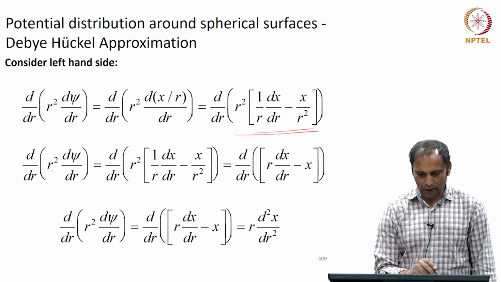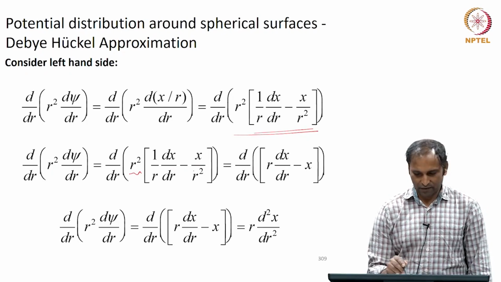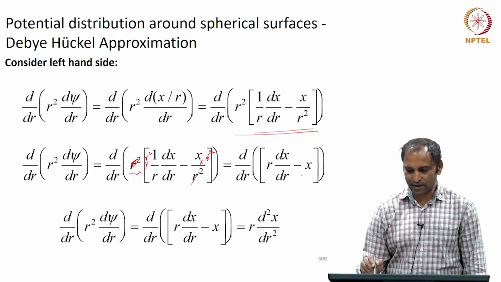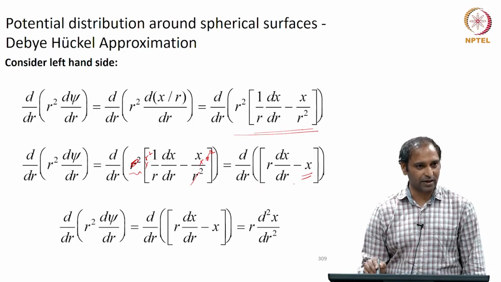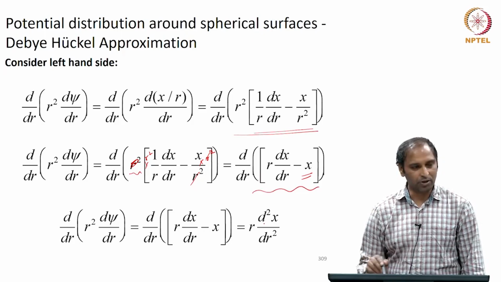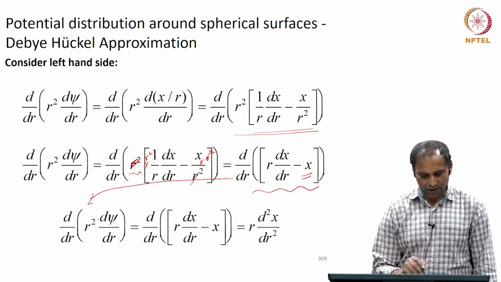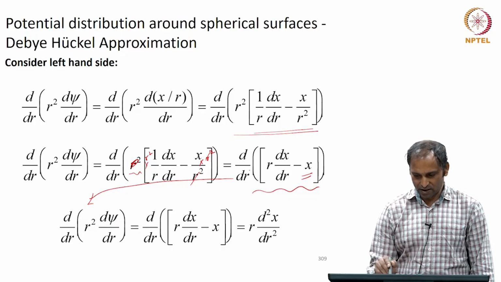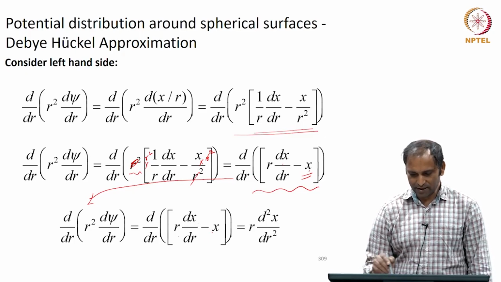Now, because I have r square, I can take the r square inside, multiplied by r square, and this r square gets cancelled. So I have x here, and this becomes r into dx by dr. Just a simple manipulation. Therefore, d by dr of r square d psi by dr essentially is d by dr of r times dx by dr minus x.